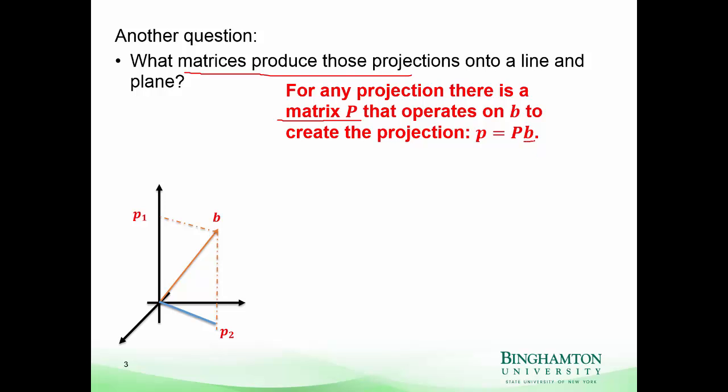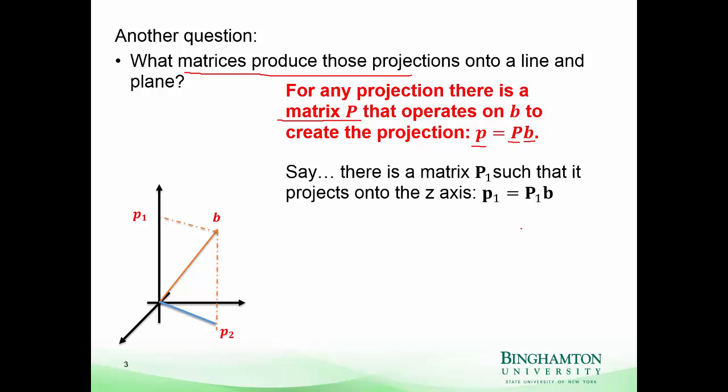So we've got our vector b, we've got some matrix P, and it gives us little p as the vector that's created. Now, suppose that we talk about matrix P1 being the matrix that when I multiply P1 times b, it gives me the projection onto the z-axis. So there's that vector out to that point right there.